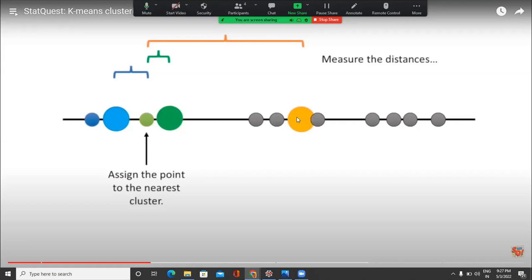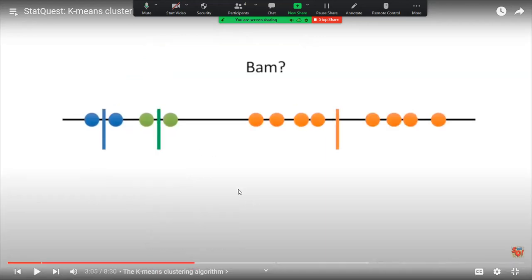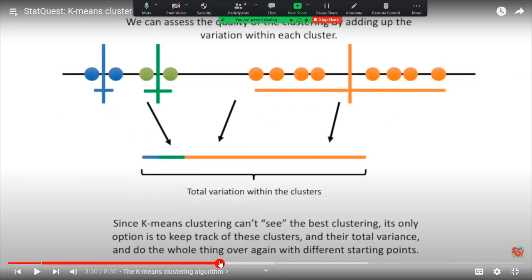Here, like the variance we find in any data set, the variance is the square of the standard deviation. Similarly, considering this point as the mean, we find the variance in each of the clusters. So this is the first iteration.